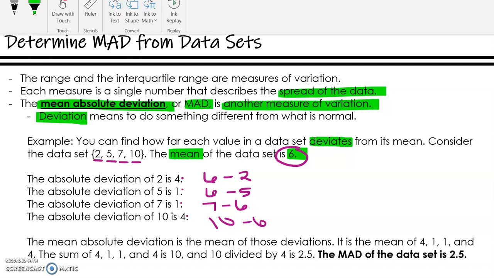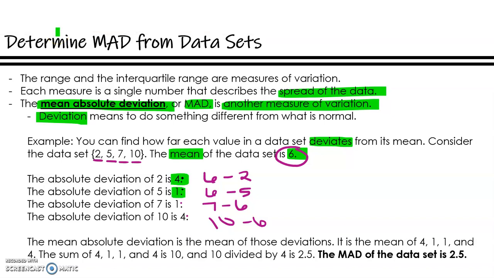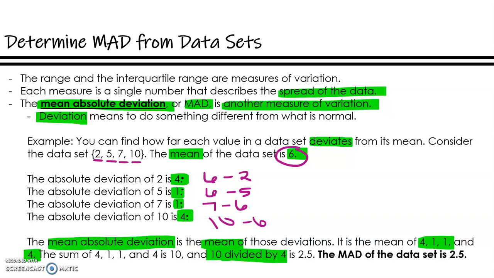Last thing, once you know each deviation, the mean absolute deviation is just finding the mean of these 4 numbers that I just highlighted. So 4 plus 1 plus 1 plus 4, you add those. That is 10. And then you divide by however many numbers you added.